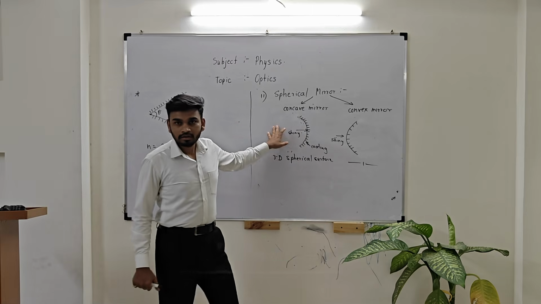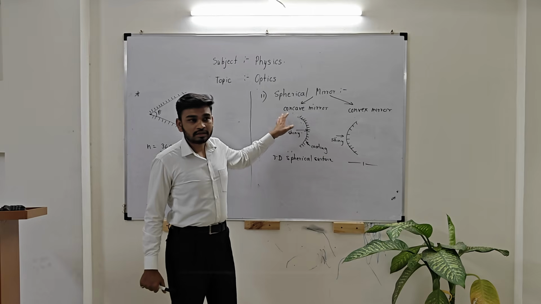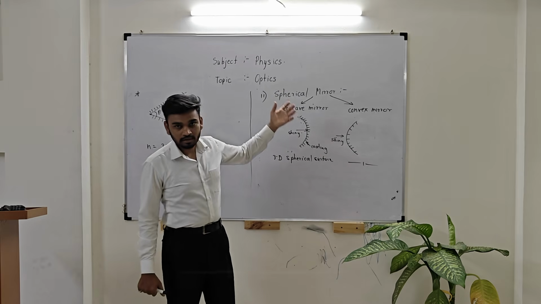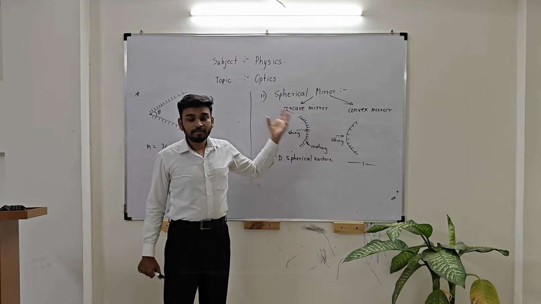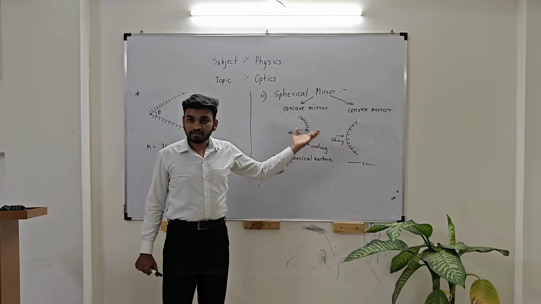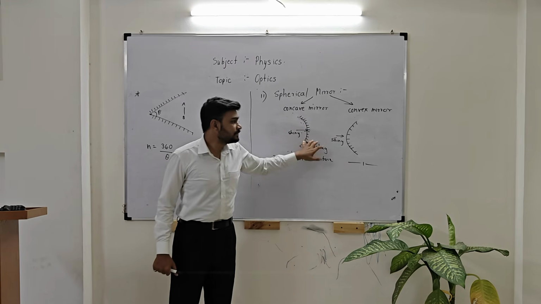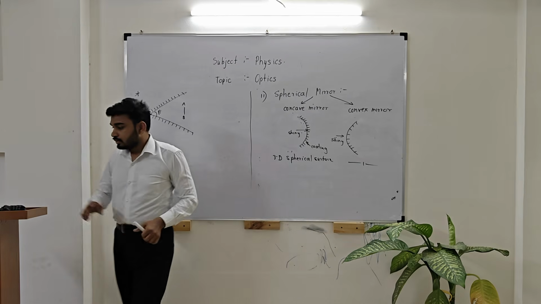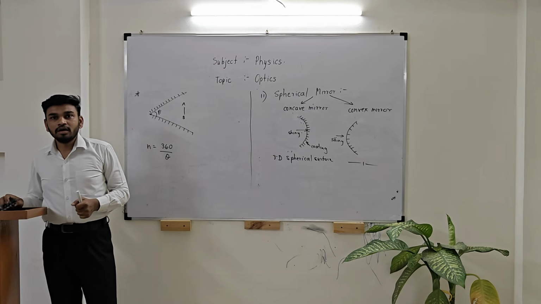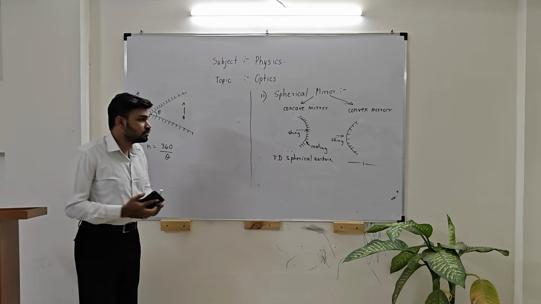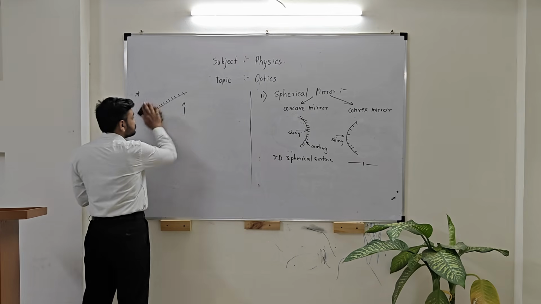The purpose of a mirror is to form an image. The image is formed because of reflection, and these mirrors obey some rules that we are going to study in the next topic, the rules of image formation.